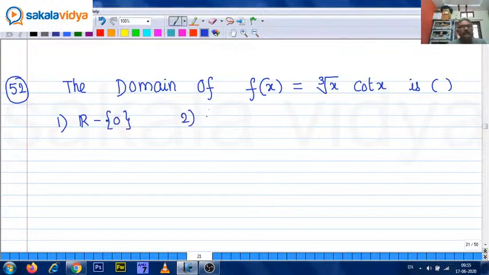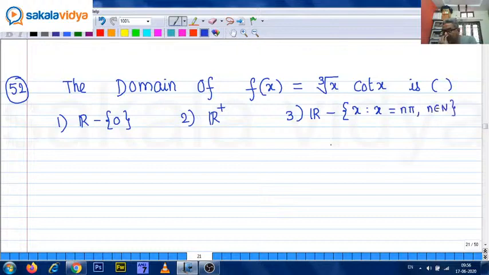Second option, set of positive real numbers. Third, real numbers minus x such that x equals n pi, where n belongs to natural numbers. No problem, integers are natural numbers.